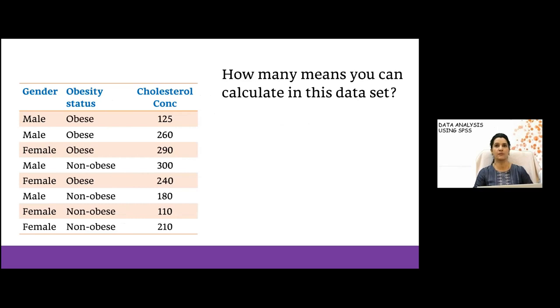Now, in this case, how many means can you calculate, and what all combinations? So the idea is first to have the number of cells. It will be 2 by 2, so it will be 4 cells, and there will be an overall.